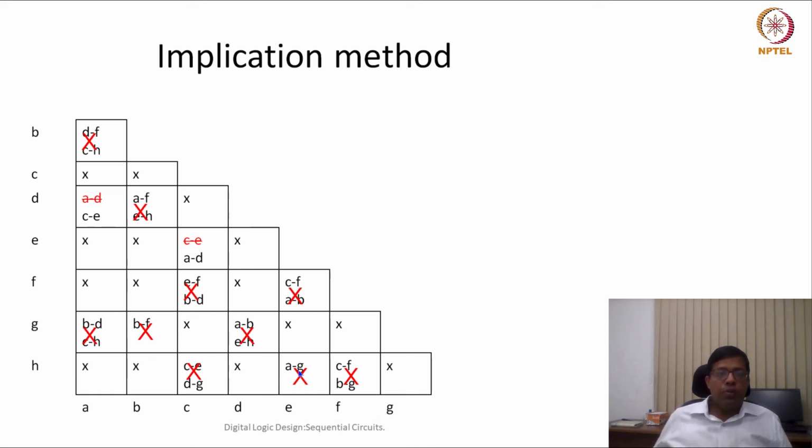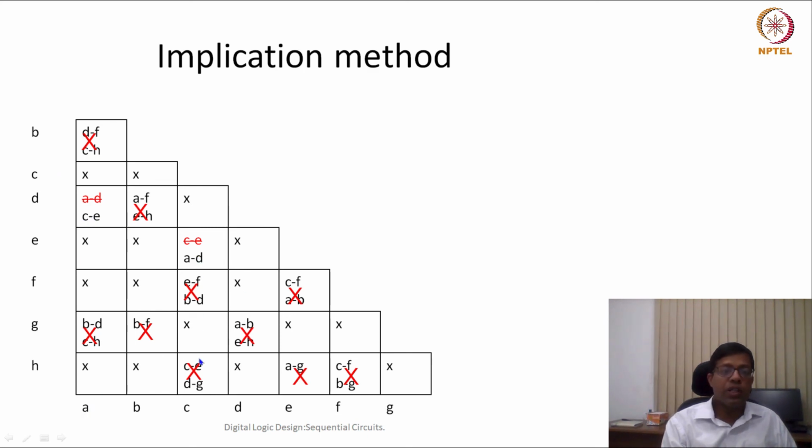So if we remove all of them, what we have seen finally is there are two pairs which are left, C and E and A and D. A and D depends on C and E, and C and E pair depends on A and D. So it appears that A is equivalent to D and C is equivalent to E. So let's say C and E are equivalent, that means A and D are equivalent.